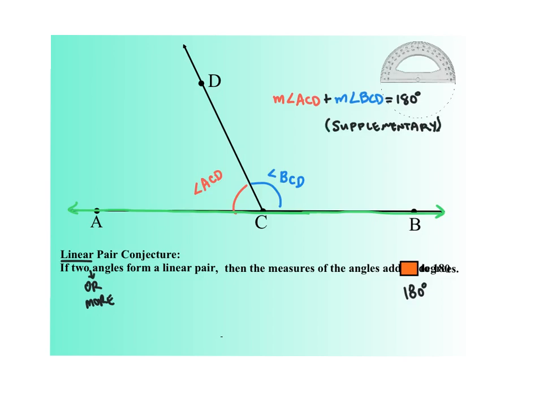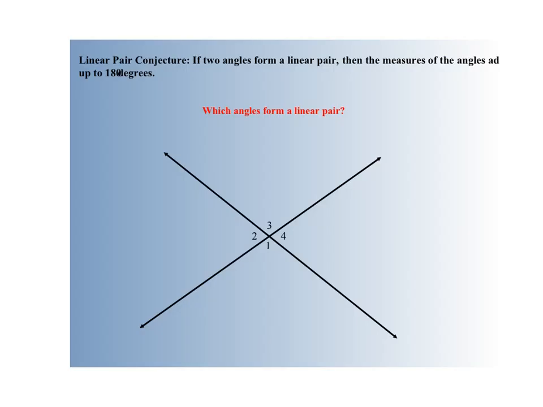Let's move on and consider this topic within the context of a diagram. The linear pair conjecture says that if two angles form a linear pair, then the measures of the angles add up to 180 degrees. So what would our linear pairings be?